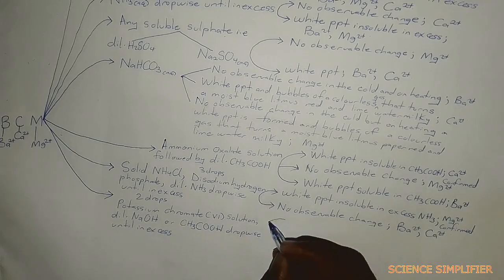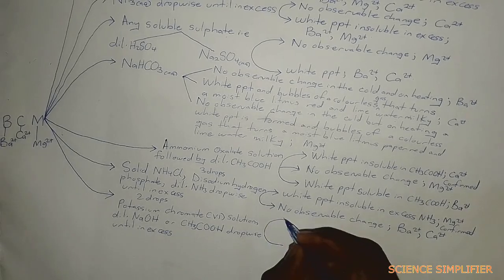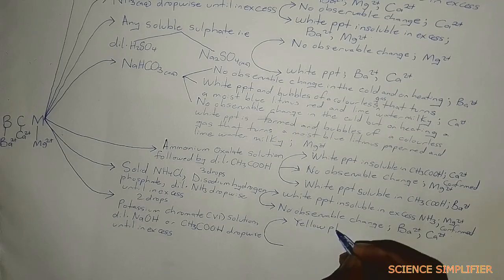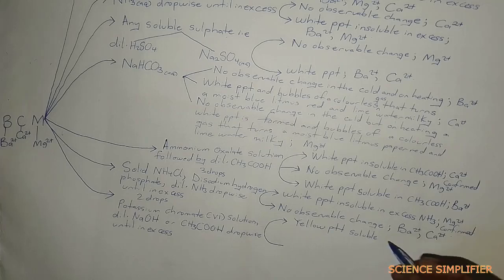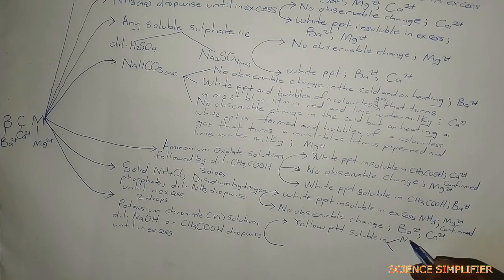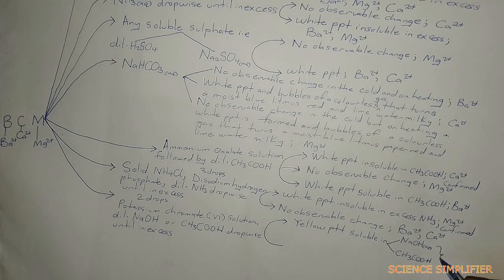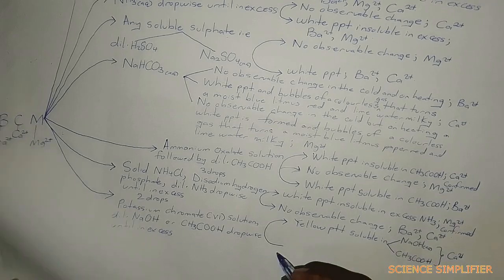At this point, you can have yellow precipitate soluble in dilute sodium hydroxide solution or acetic acid. Just know at that point you are dealing with calcium ions.